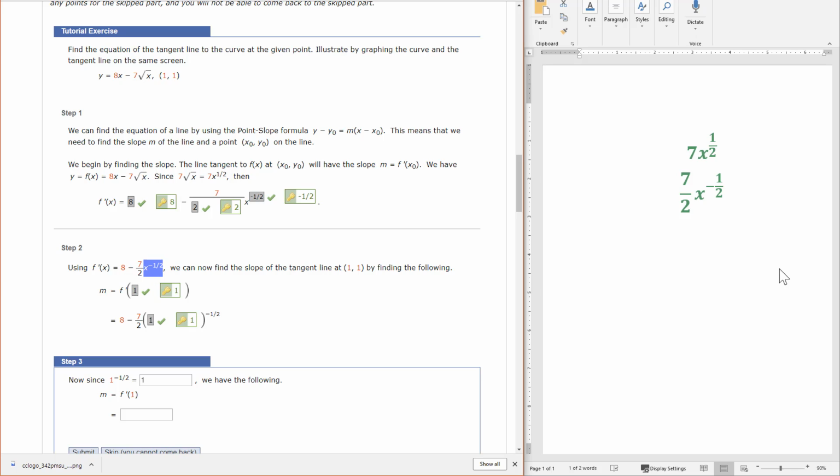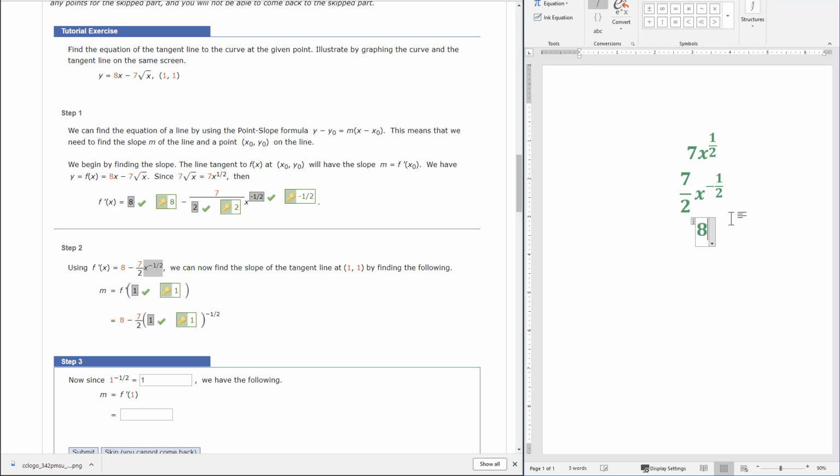And we have 8 minus 7/2. So 8 minus, let's try to work this out just to be careful. 8 minus 7/2. So this is going to be 16 minus 7, divided by 2.